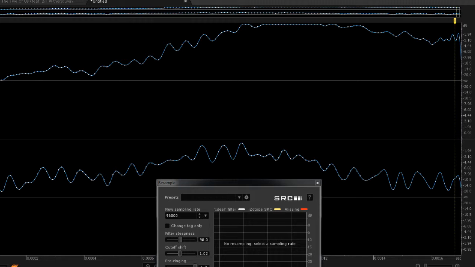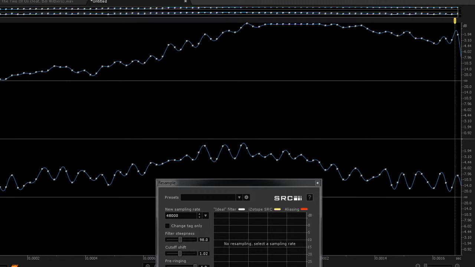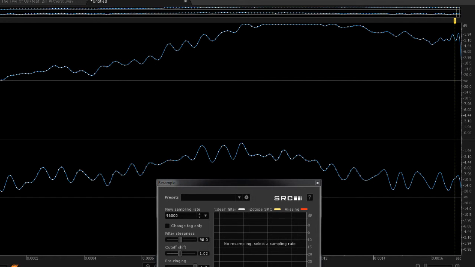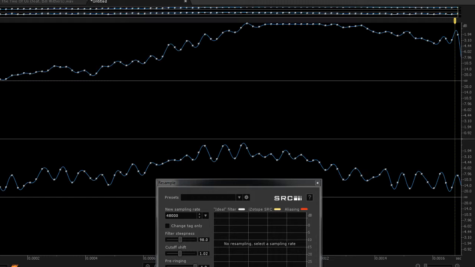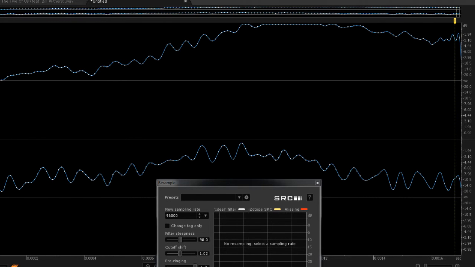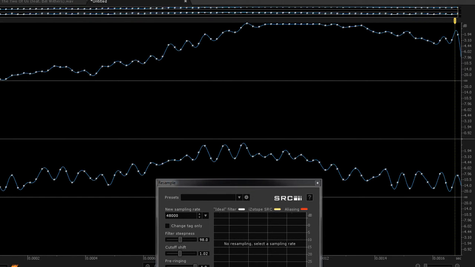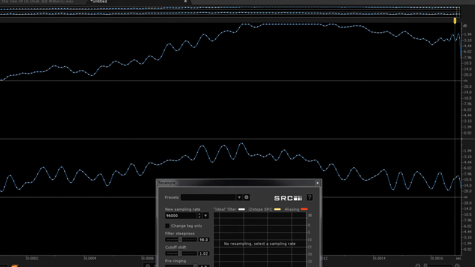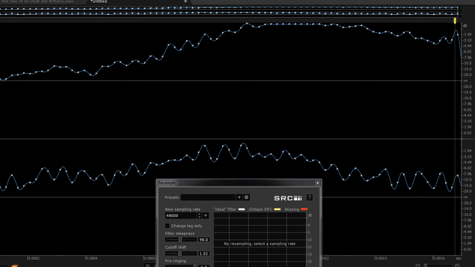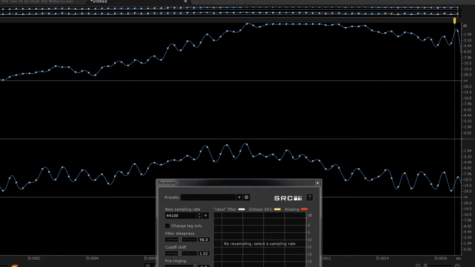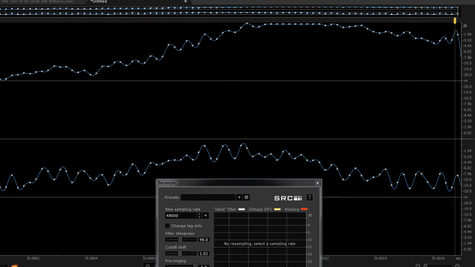There's 48, 96, 48. See that? How it changes the waveform and it raises up, and if you're at 0, you're going into distortion. 96, 48.